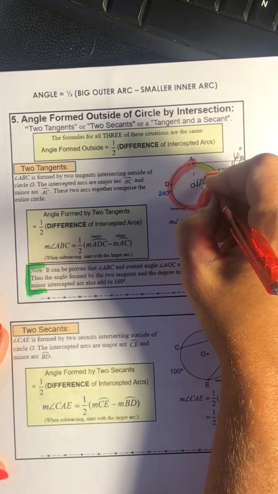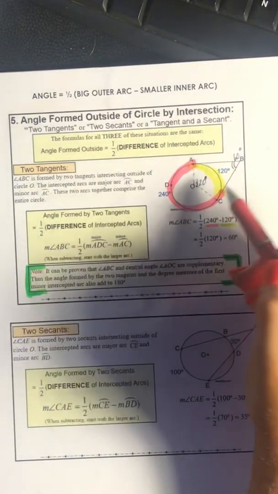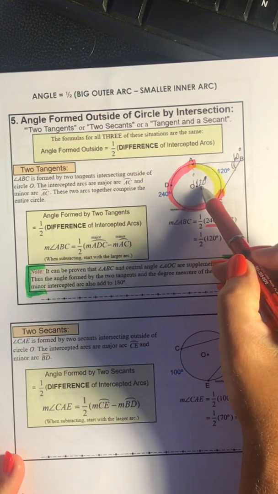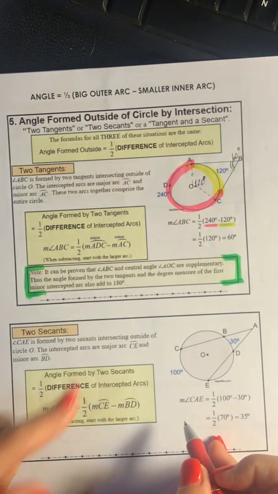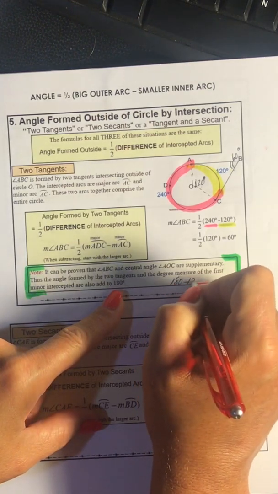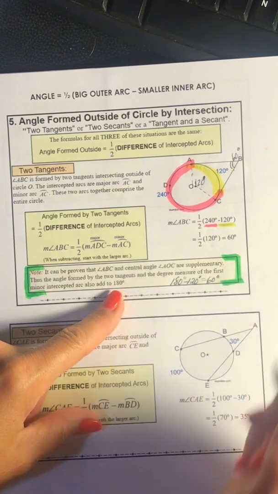And then we kind of put it together with the other theorem that the angles in a quadrilateral, the opposite angles, are supplementary. We could have simply said that 180 minus the 120 is equal to 60 degrees.